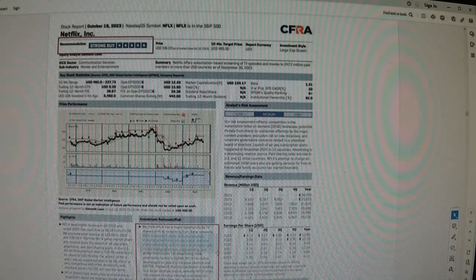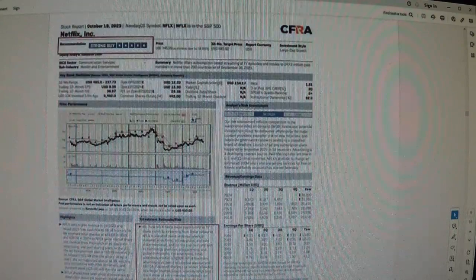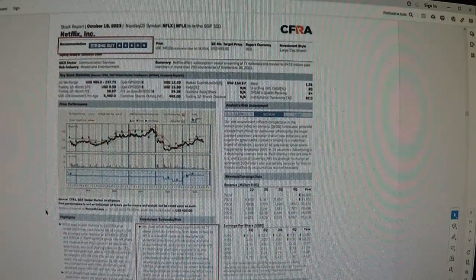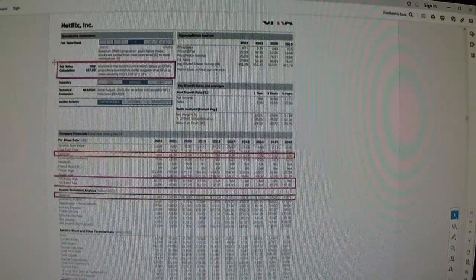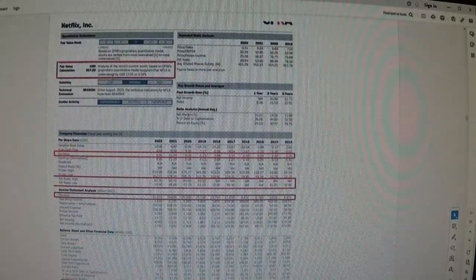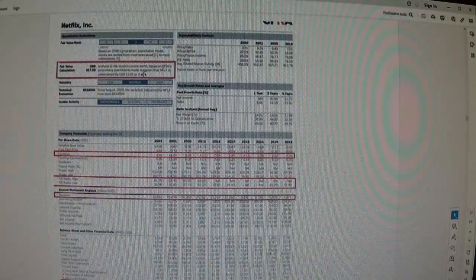They say they have an advantage against everyone else. They also don't have to worry about Hollywood strikes, and I think they might have gained some ground on the rest of the streaming world whenever they had some content and Hollywood was on strike. The fair value for CFRA is 357, so it's undervalued by 3%.